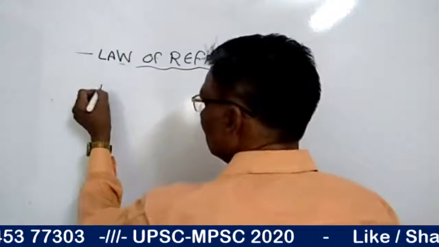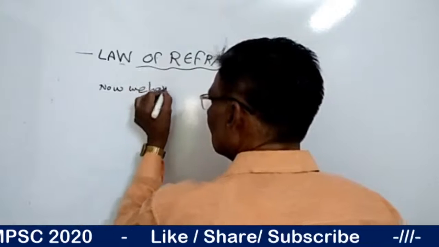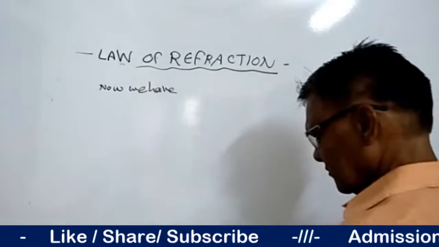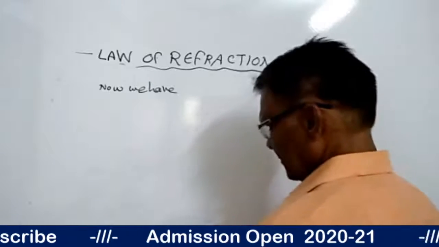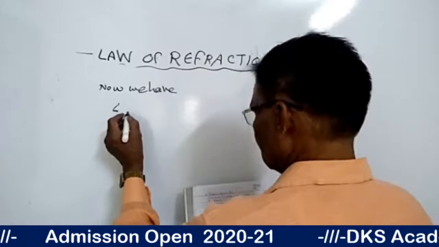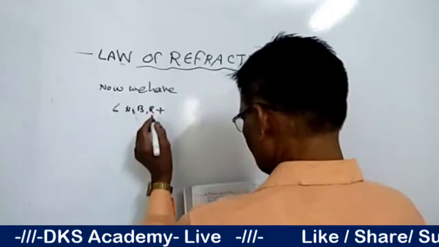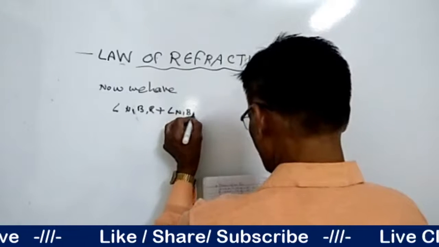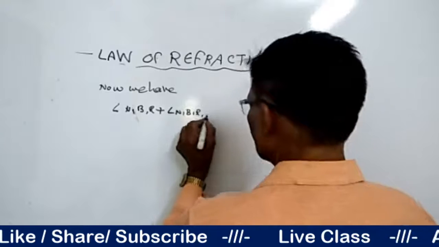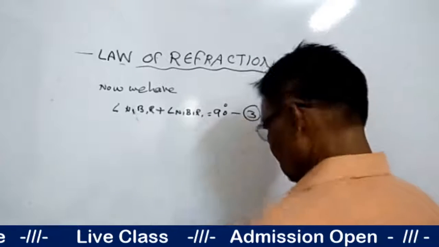Now we have angle N1B1R plus angle N1B1R1 equal to 90 degree, that is third.